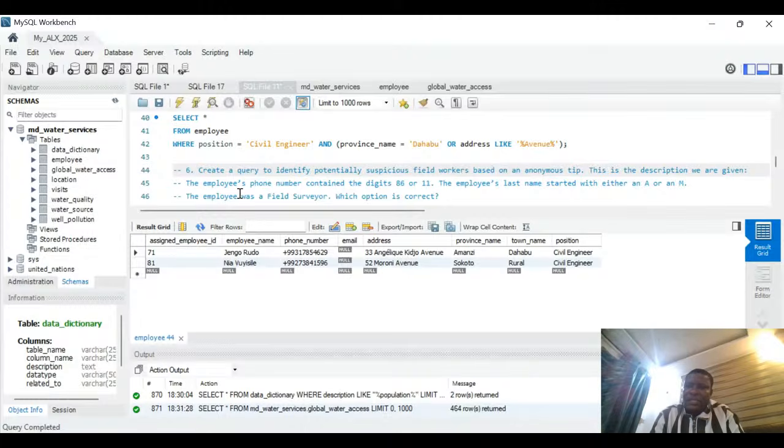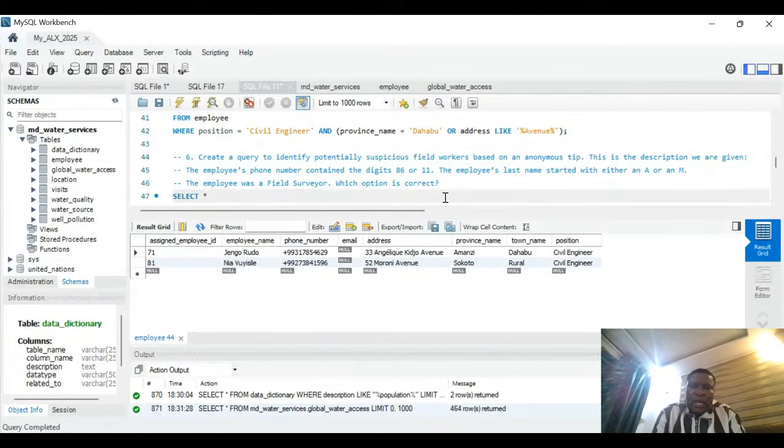It is also suspected that their employee's name either begins with an A or M. And then we are also told that these suspicious characters may also have phone numbers that have either 86 or 11 in them. So we are going to write a code to query our database to find out if there are actually people that fit this particular description.